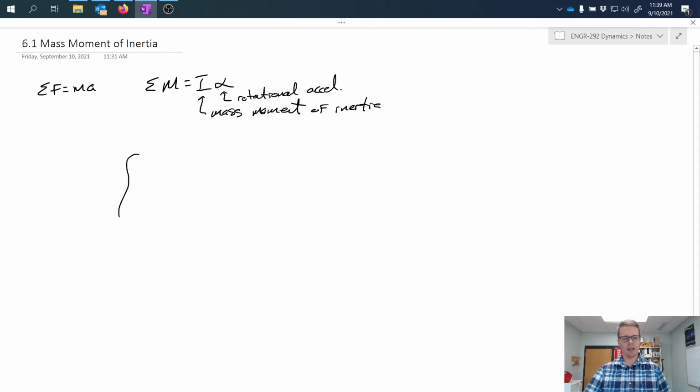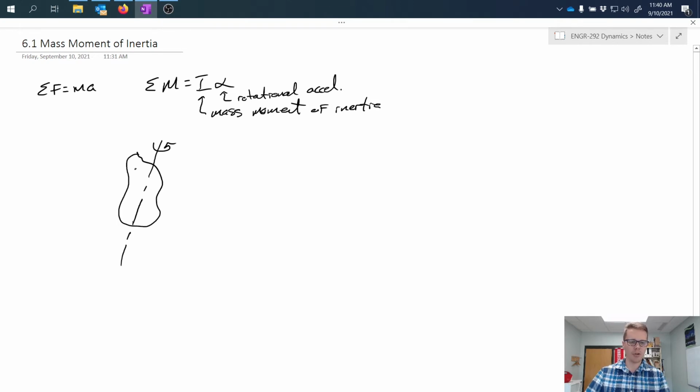So if we take a generic rigid body that is going to rotate about some axis, so it's undergoing rotation, and we want to figure out what the resistance to that rotation is, how much torque we're going to have to apply for a given mass. We can treat this rigid body as a collection of small, discrete units of mass.